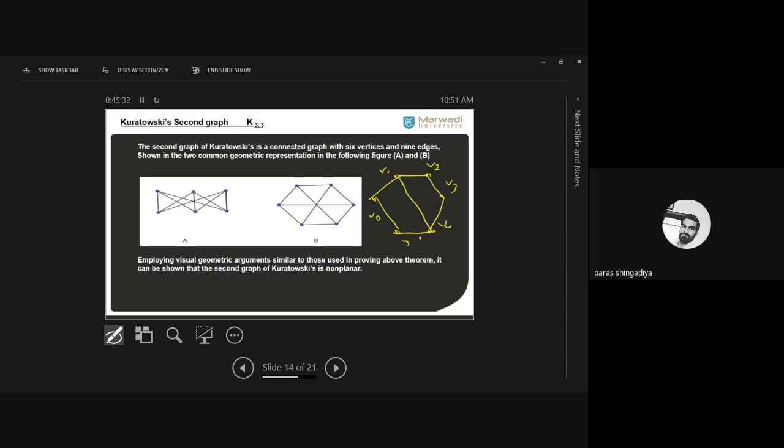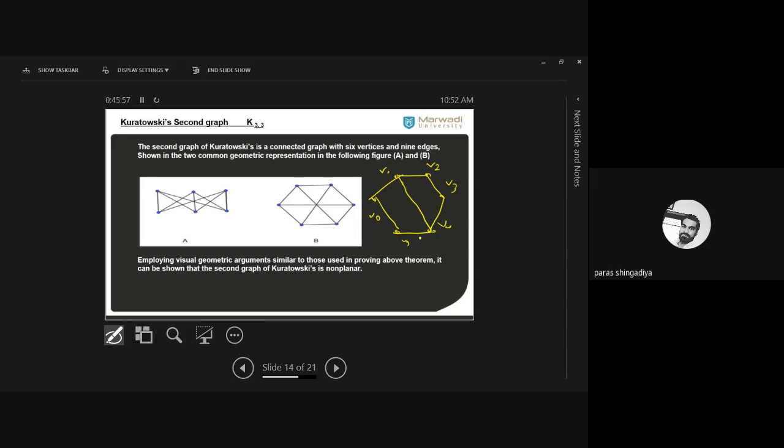Clear? Now 2 connections are still remaining. So in the next step, we have to make another graph. Consider this graph as it is. Now create another graph which considers the connection between V2 and V5. There is no possibility to connect them inside. If we connect V2 and V5 inside, it will cross the inside edge.